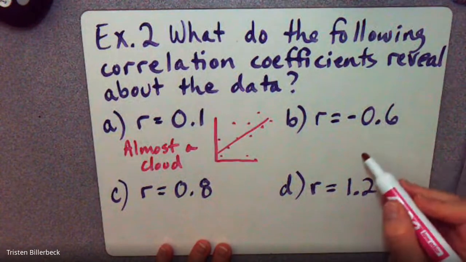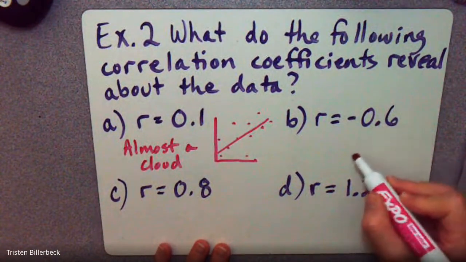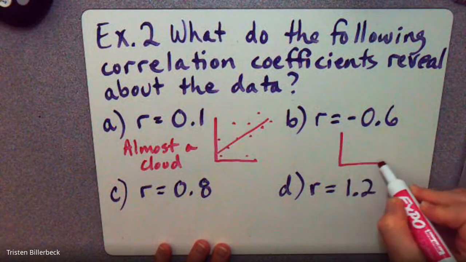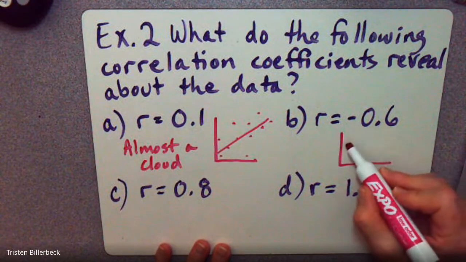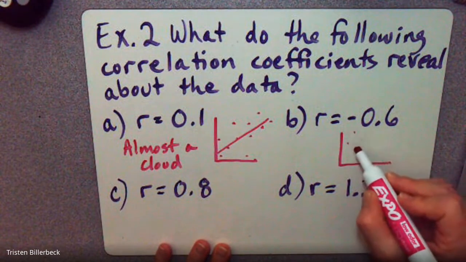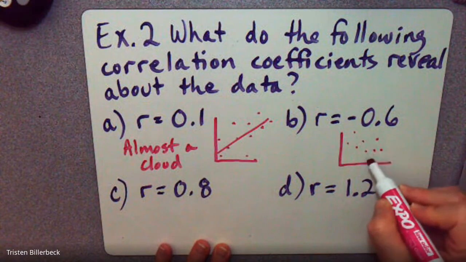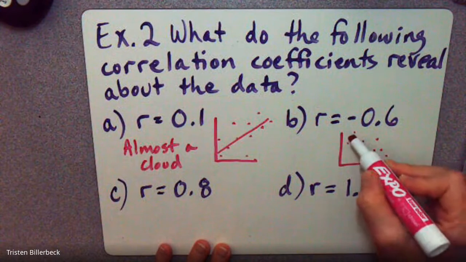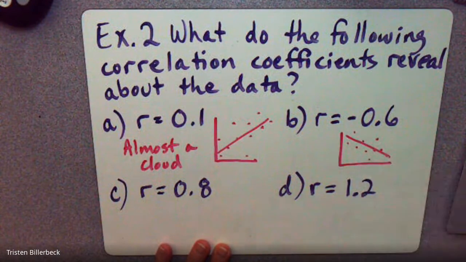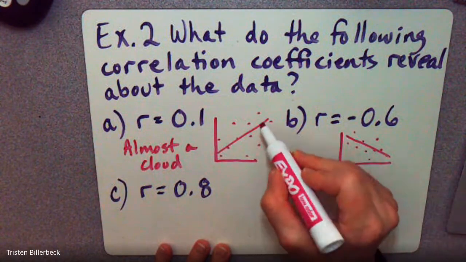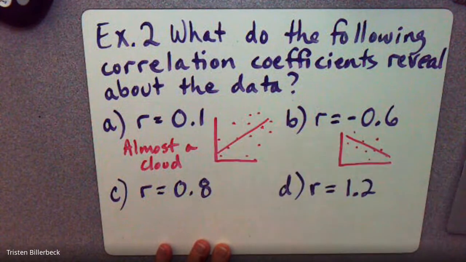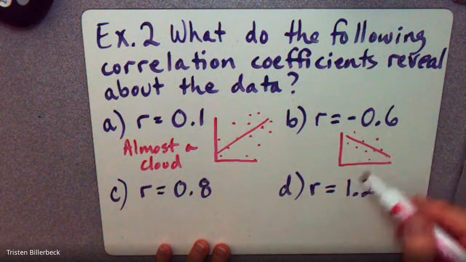Okay, of a negative 0.6, this one would look like this, where you could get a line like that. Okay, so 0.1 is a little bit more cloudy and farther away.